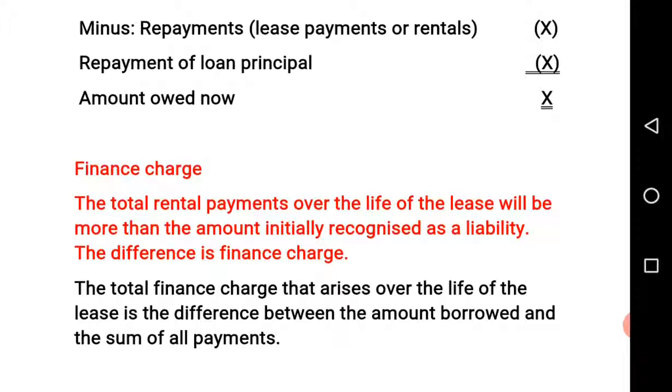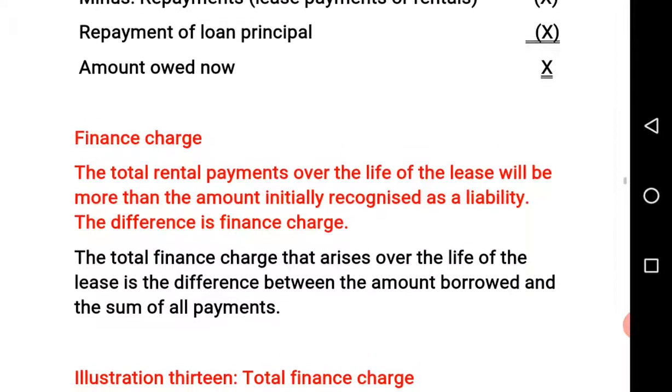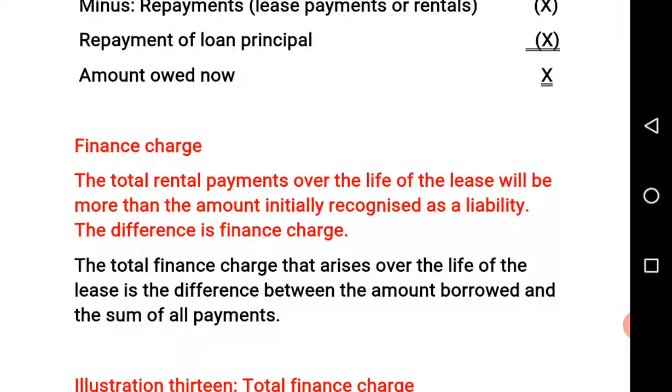It's an amount that the lessor gets as something like profit on leasing his assets. So we'll get to understand that further as we move on. The finance charge is a charge to the lessee, but in the lessor's books it becomes finance income. We'll see it further down.